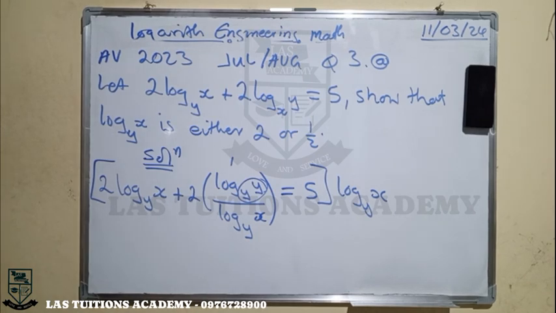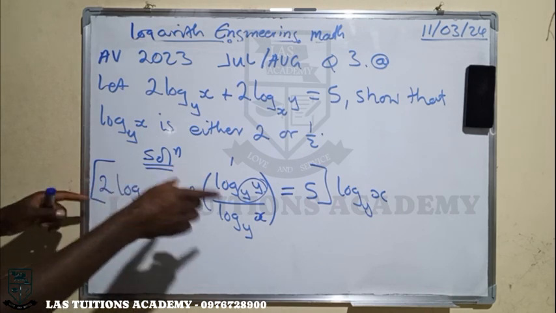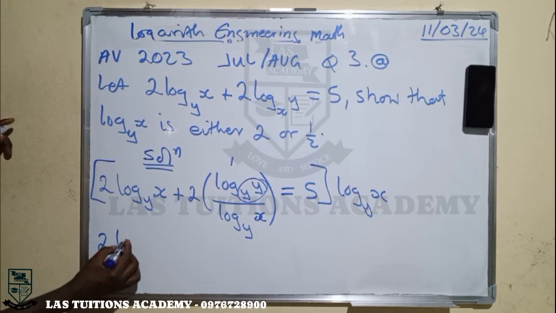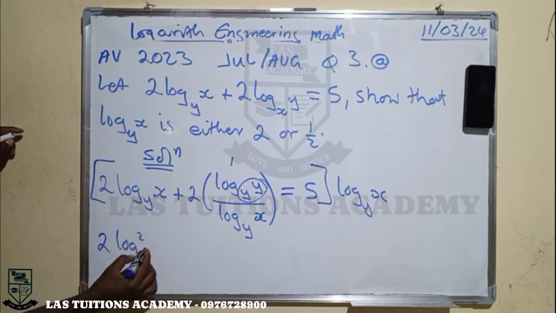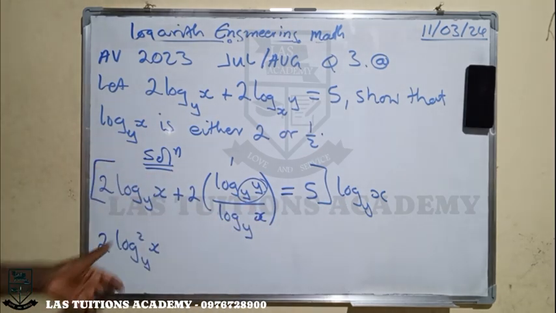When we multiply this times this, it's like we are having the same twice. So this is going to give us 2 log squared, the base here is y, and we have x, because this and this are exactly the same. So that's why we have a square there on the log.